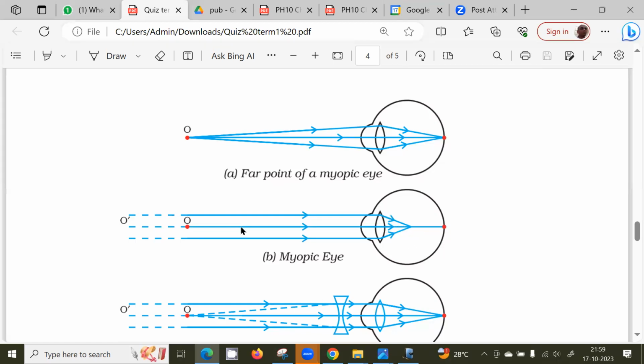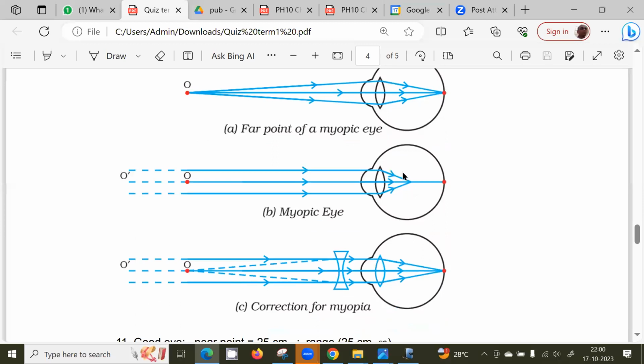But if the object distance is reduced to this point, then it will form an image at the retina. So for this eye, you won't be able to see objects from this point to infinity. To make these parallel rays form an image at the retina, I have to diverge these rays. To do that, I have to introduce a concave lens. So for correcting a myopic eye, I have to use a concave lens.